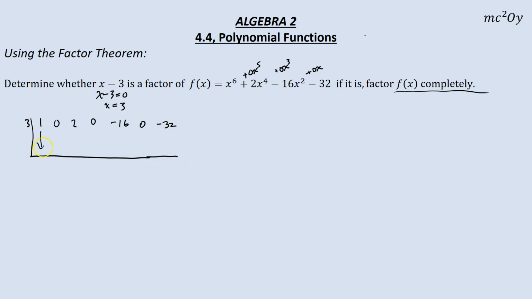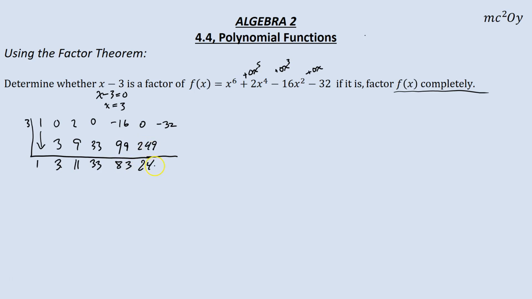Okay, and if this is a factor of f of x, if 3 is a factor of f of x, then my remainder will be 0. So I go through, that's 3, 3 times 3 is 9, 2 plus 9 is 11, 3 times 11 is 33, that's 33, 3 times 33 is 99, that is 83, 3 times 83 is 249.